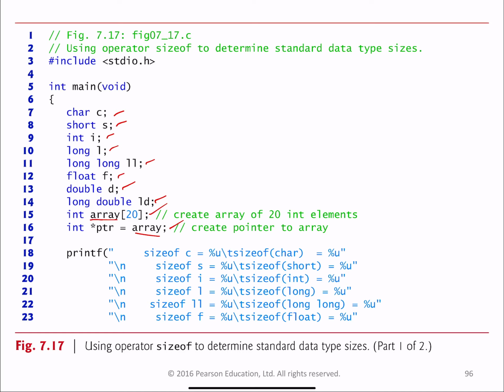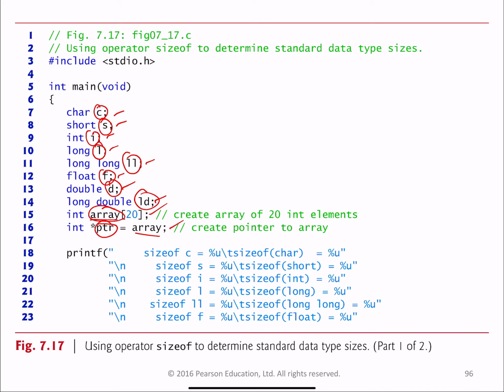And then we print out the sizes of the variables that we created, array, pointer, all the other native data types.